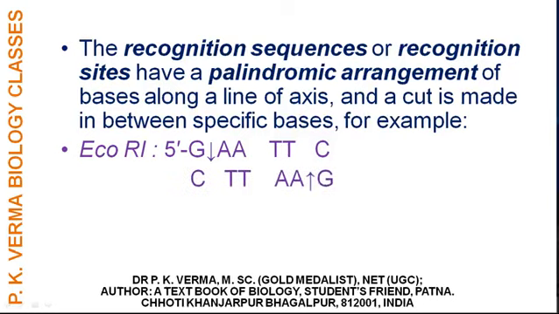For example, EcoR1 selects a small segment GAATTC. The opposite strand also has GAATTC in inverse order. The site of action is in between G and A.